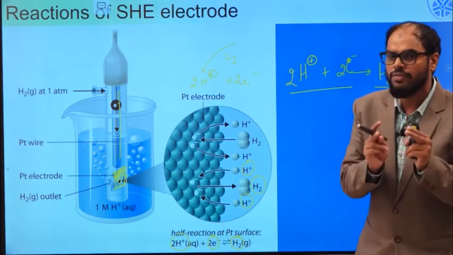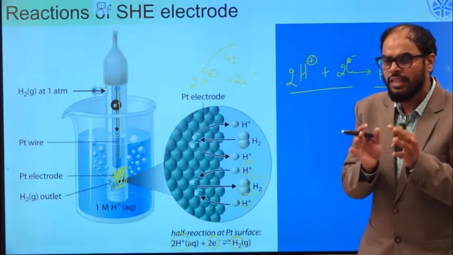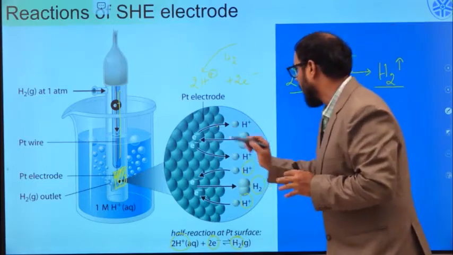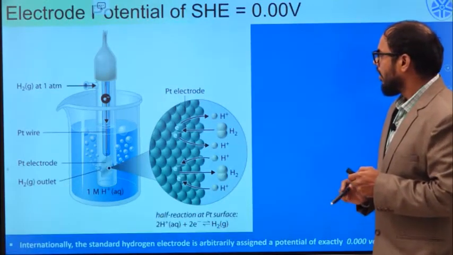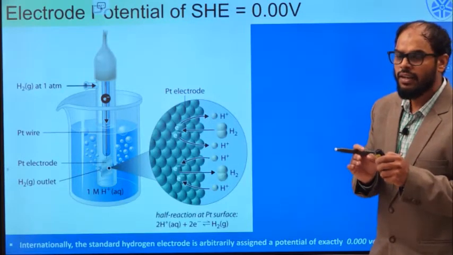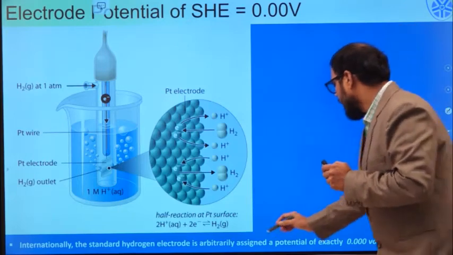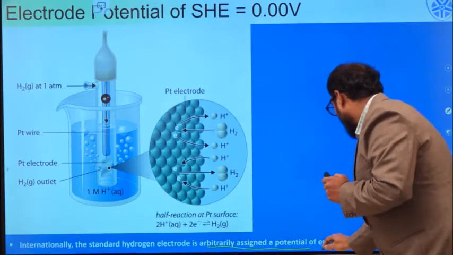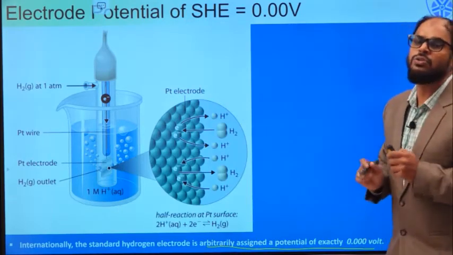So these are the two half cell reactions which occur at the surface of the platinum foil. Let us try to understand. Internationally it has been accepted that the SHE electrode has been arbitrarily assigned a potential of 0.00 volts.